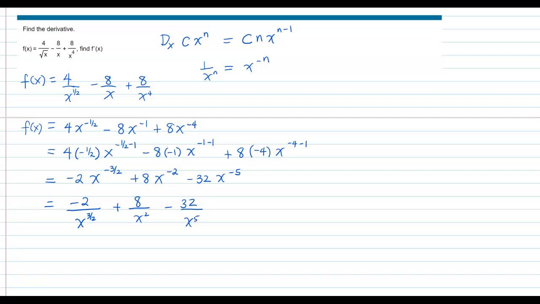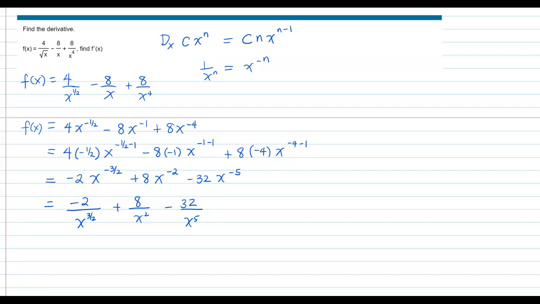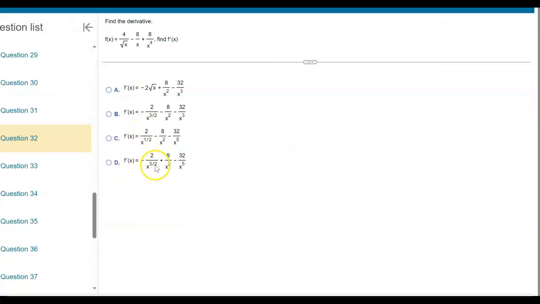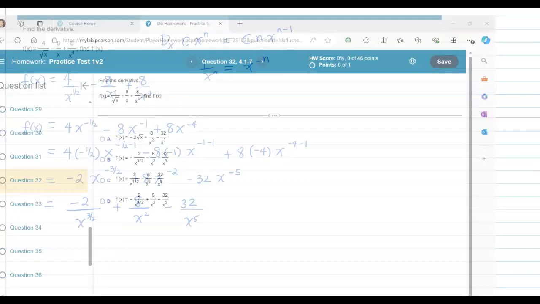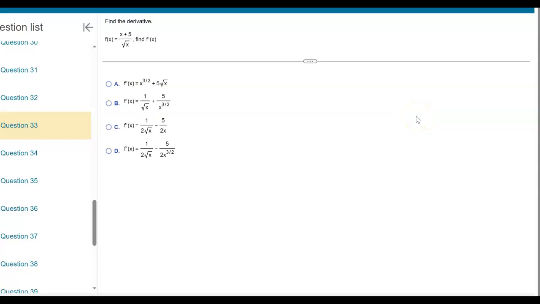That's the derivative. So the answer is letter D.